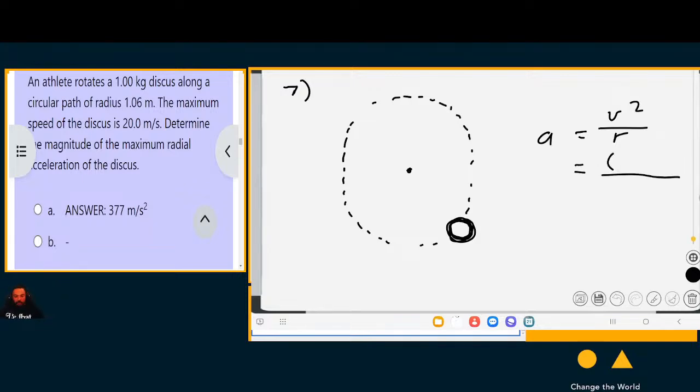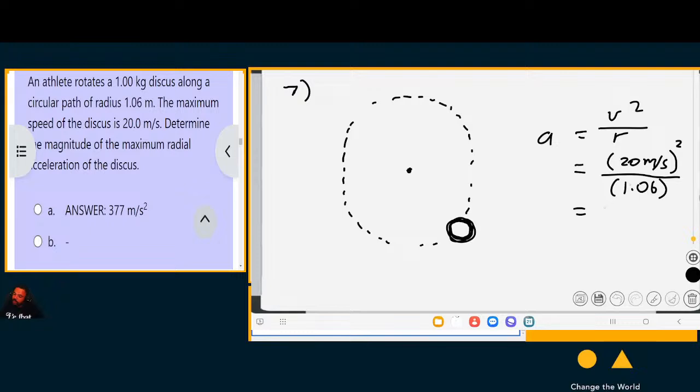Now, the maximum speed they've given us is 20 meters per second, and we should square that, never forget to square, divided by the radius 1.06, and that will give us the radial acceleration for this discus. If you were to square 20 meters per second, it would give you 400 meters squared per second squared, divided by 1.06 meters.